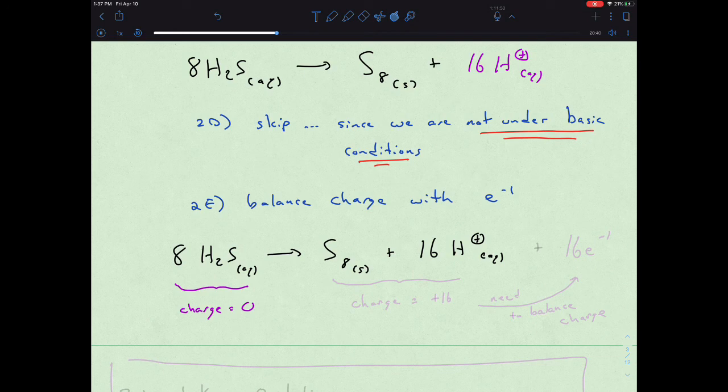Everything is neutral. If we look at our total charge on the product side so far, we have a charge equal to plus 16. And so that's what we need to then balance with the addition of our 16 electrons. So if we add the 16 electrons to that product side, right, we need that to balance charge.